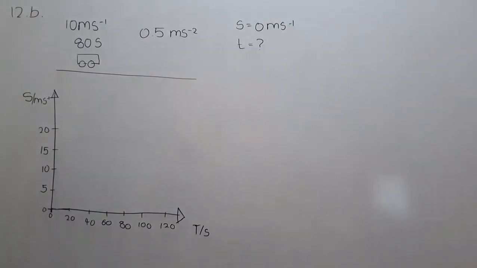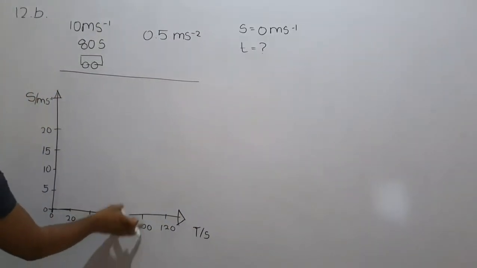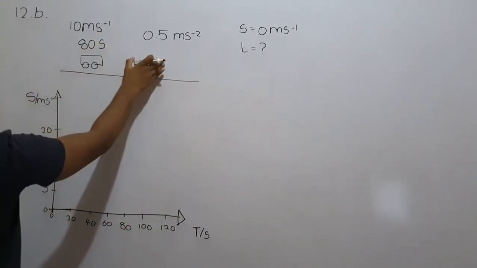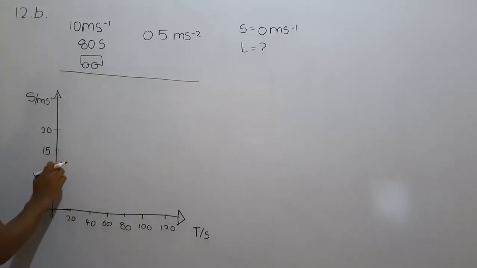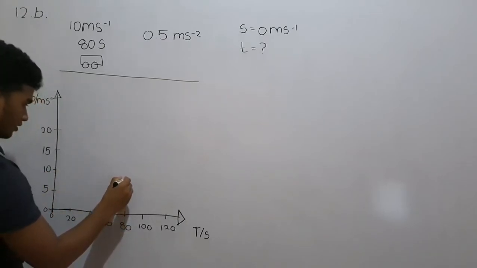So this is the graph. The first part, when drawing the speed time graph, is for 80 seconds, where the speed is constant at 10 meters per second.